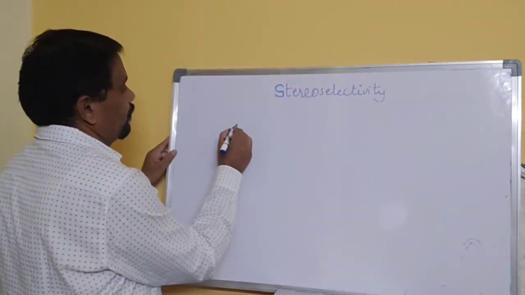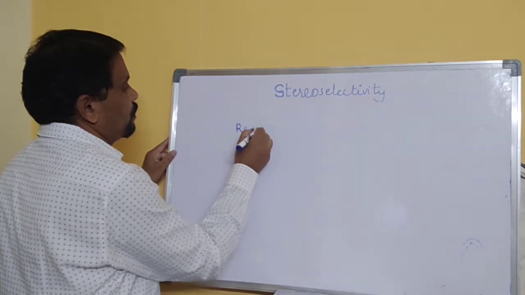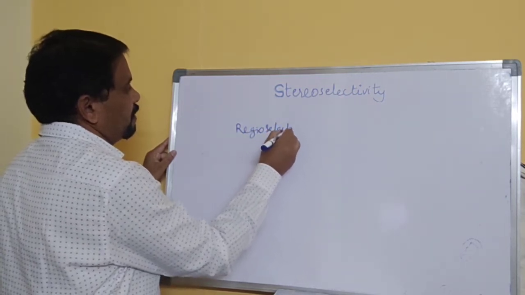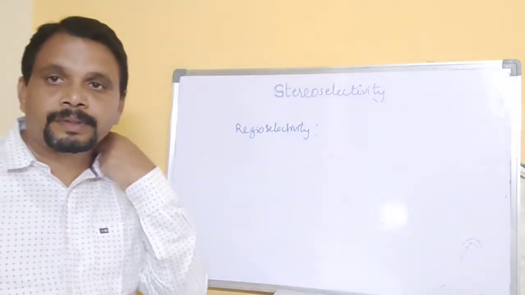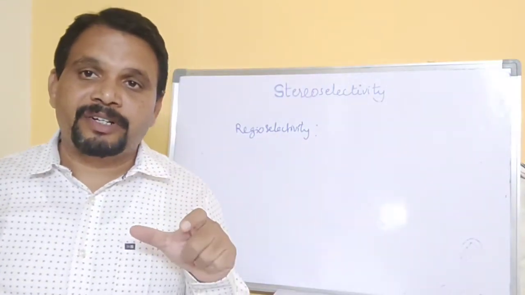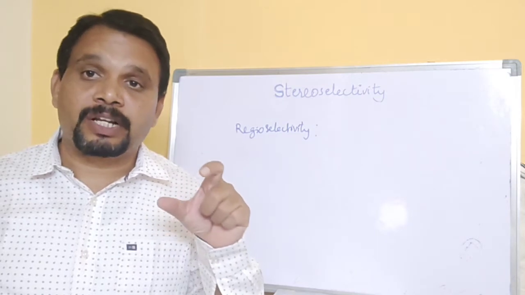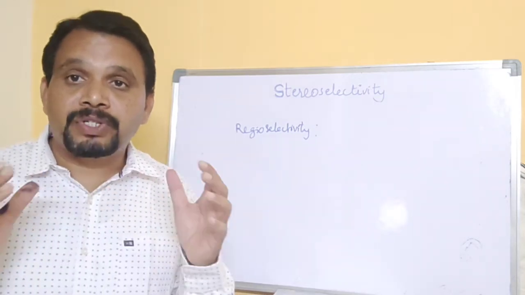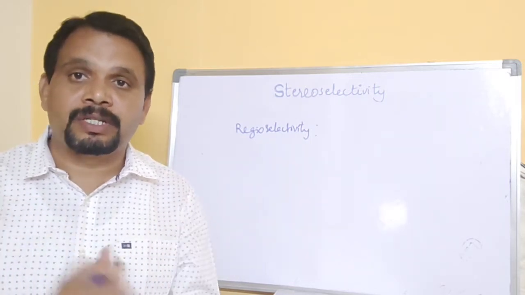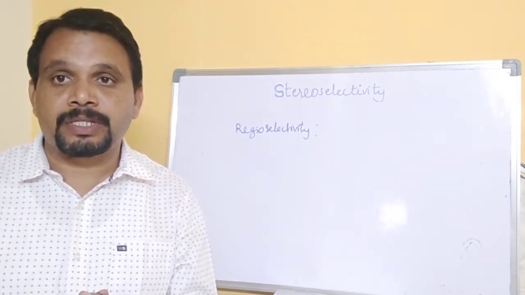regioselectivity. Chemoselectivity means different functional groups. Regioselectivity means different positions or places, regions, where the reaction takes place.